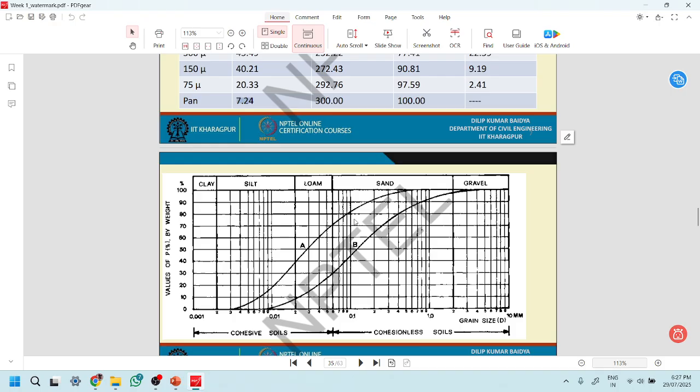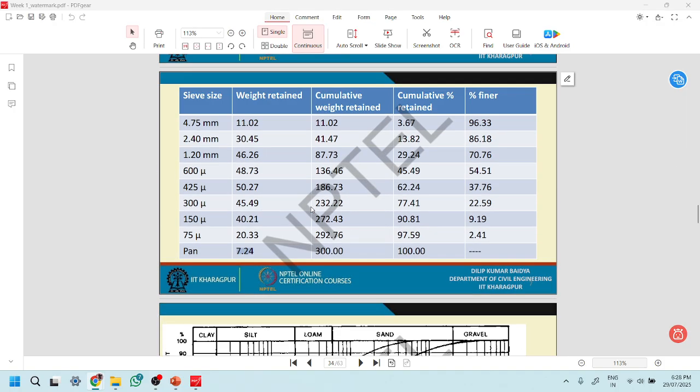Now it is the researchers' judgment how you go beyond this.